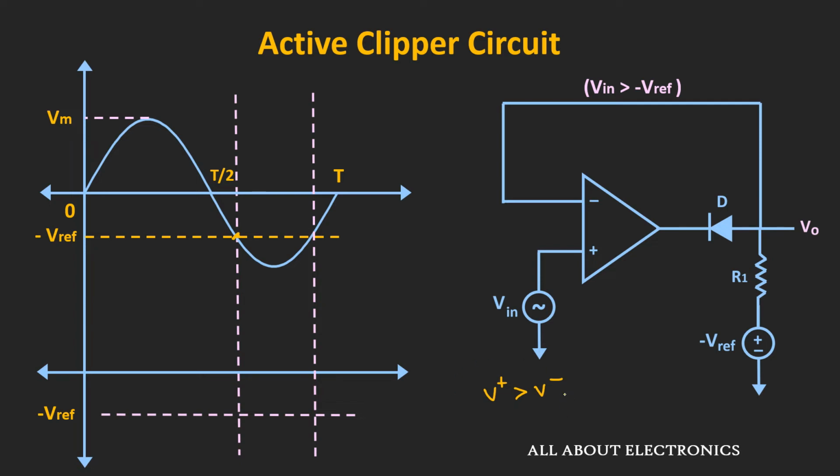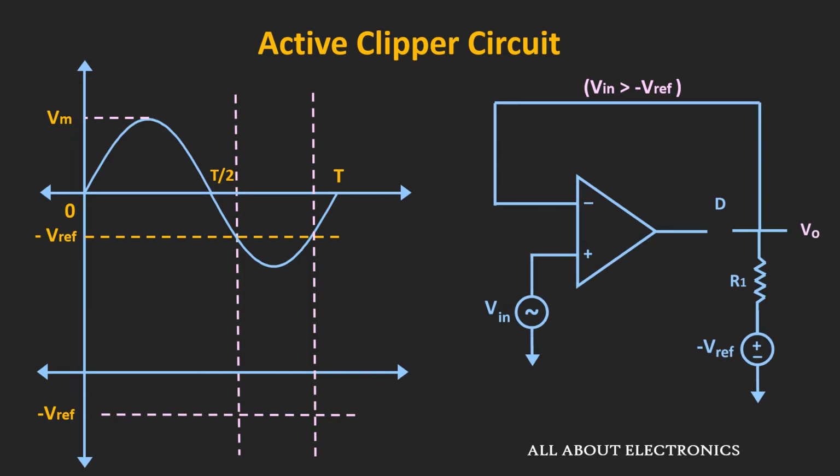So due to that, during this time the output of the op-amp will go towards the positive saturation voltage. And as the anode of the diode is at minus V reference voltage, so during this period the diode will act as an open circuit. So during this period the output voltage of this circuit is equal to minus V reference volt.